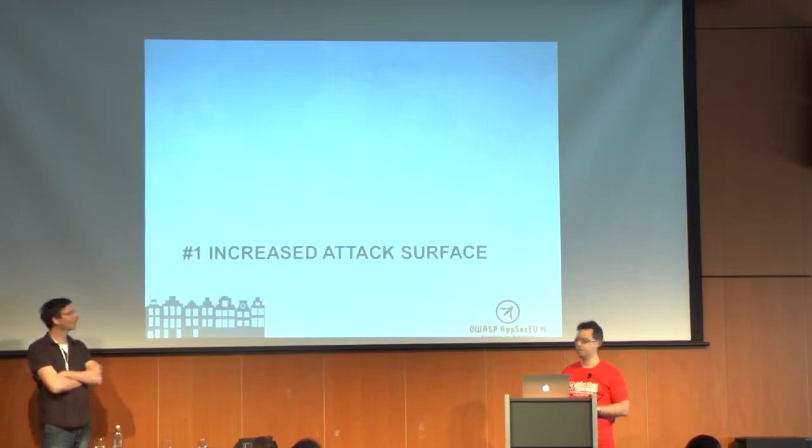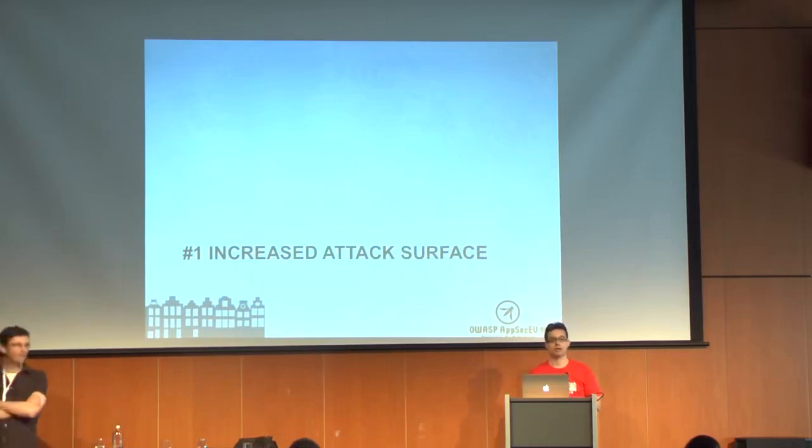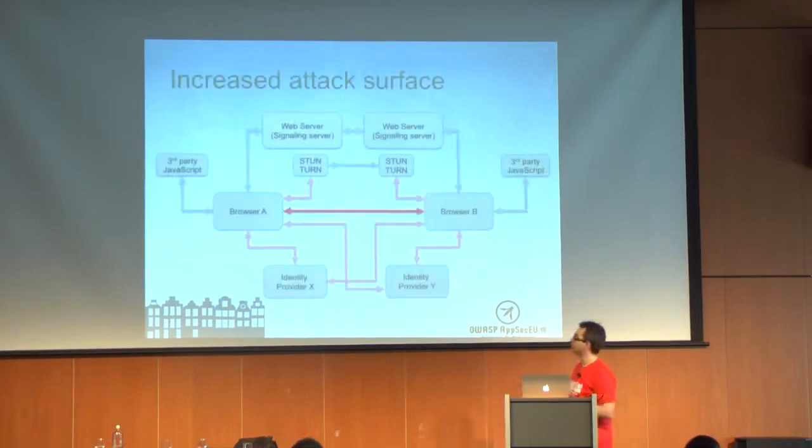The first one, and it's of course also the most obvious one: we're introducing a lot of new technologies and protocols, so our attack surface has changed. I try to visualize this. For this talk, we're mainly concerned about the attack surface that has increased between A and B. Now all of a sudden, for instance with the data channel, there could be data coming in directly from a browser, not from the server. Think about the problems we had many years ago when DOM XSS was first introduced.